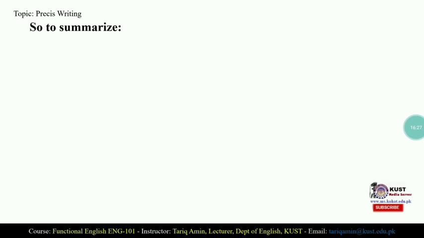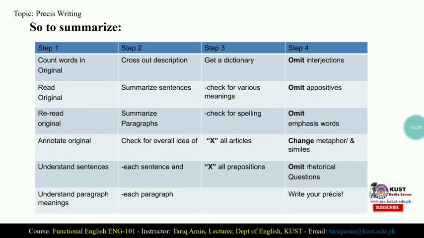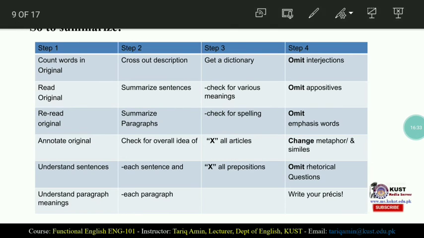So, to summarize the different points of writing a precis, we discussed four steps. The first one was step 1. In the first step, you need to count words in the original text. For example, your original piece of writing contains 10 pages.